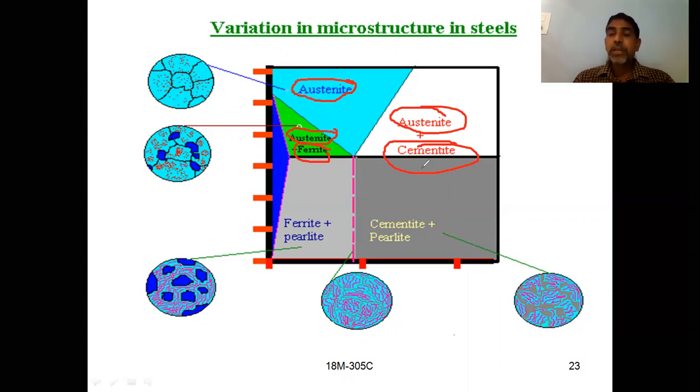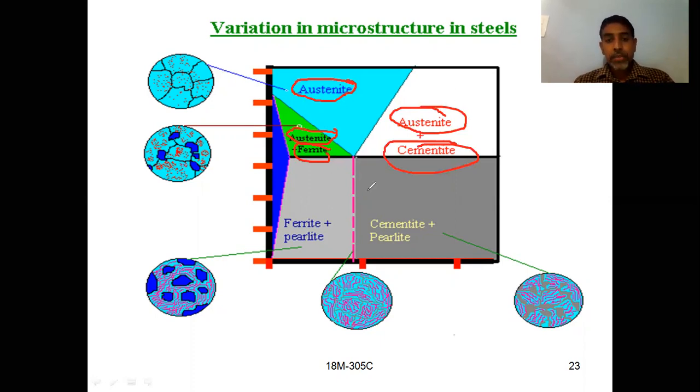So we are going to discuss these things, and we have so many definitions, ledeburite and others, in the iron carbon equilibrium diagram. Here, we will just discuss the variation in the microstructure. We are not interested in the words.